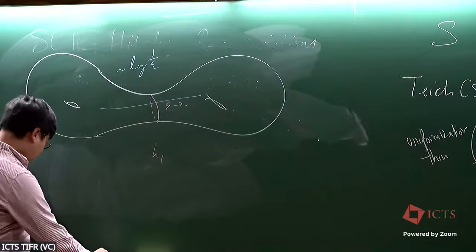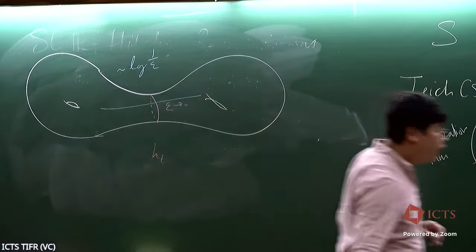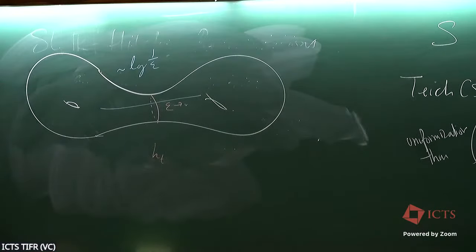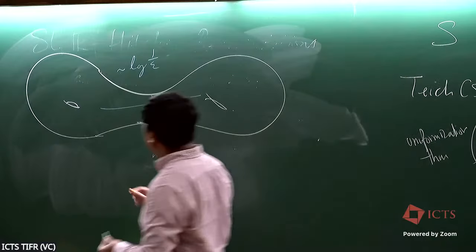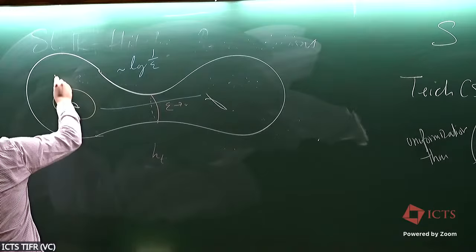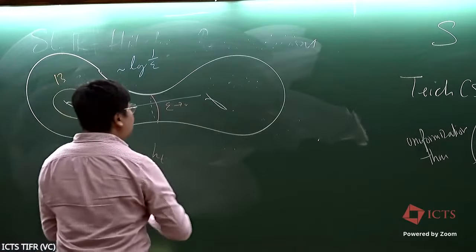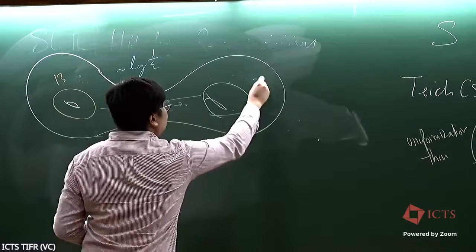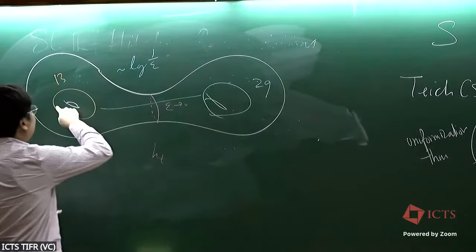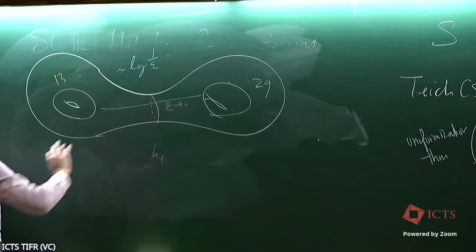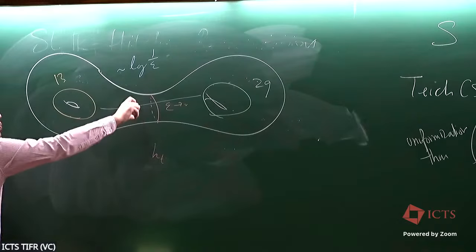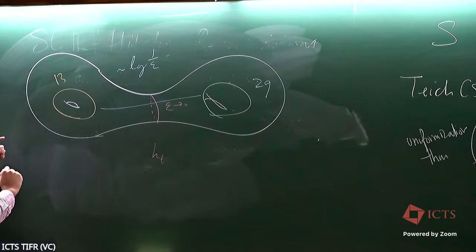And on the other hand, curves that are far away from the action, far away from these red curves, they stay moderate length. So maybe I should pick different numbers now. Maybe let's say this is 13 and this is 29. So you can see that the orange and green curves stay away from this red curve. So if I'm just pinching here, not much changes over here.